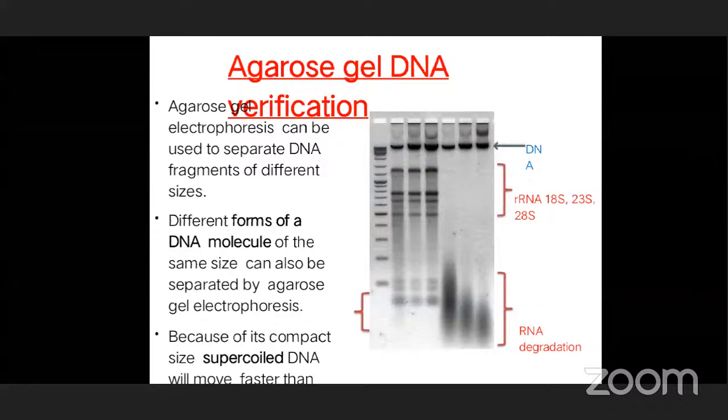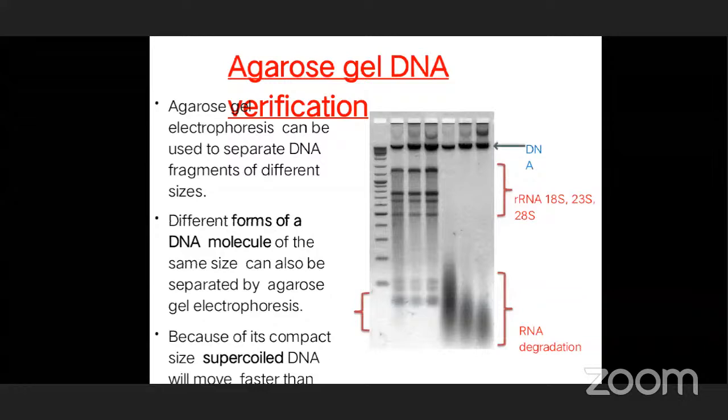Then agarose gel electrophoresis can be used to separate DNA fragments of different sizes. Different forms of a DNA molecule of the same size can also be separated by agarose gel electrophoresis. Because of its compact size, supercoiled DNA will move faster than relaxed or nicked circular forms.